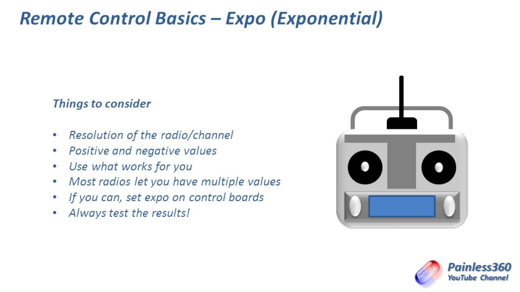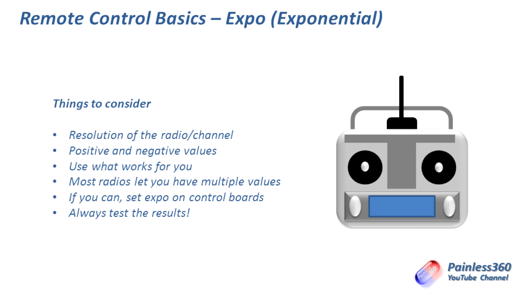But what you'll find in the hobby is that as you get more accomplished, you'll reduce the amount of exponential on the channel because your ability to fine control the sticks will get better over time as well. And every model is slightly different. Some control boards for things like multicopters allow you to set exponential on the copter itself.